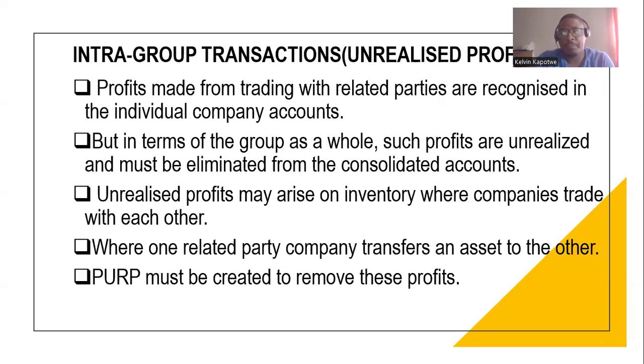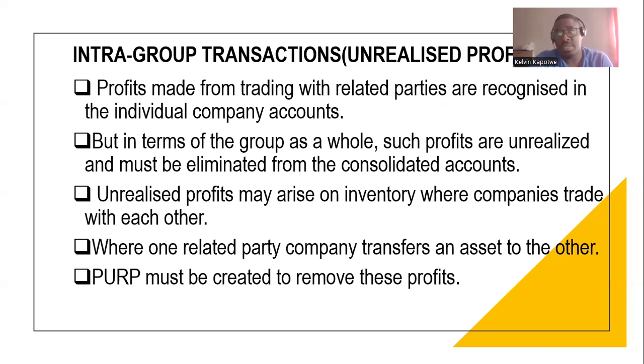So now, after you've cancelled the transaction, you must then eliminate the unrealized profit portion on inventory and your fixed asset. So we are saying profits made from trading within related parties are recognized in the individual company accounts. This is self-explanatory.